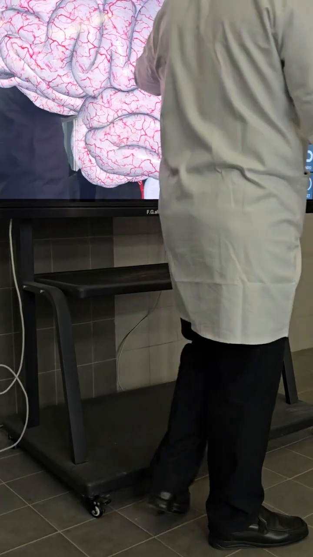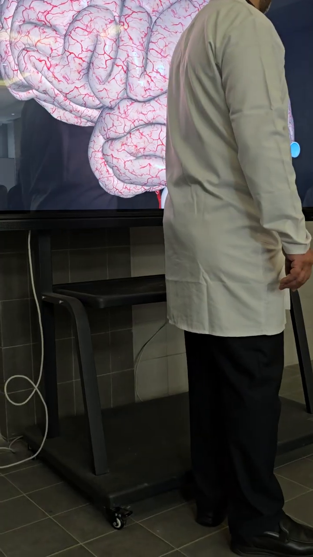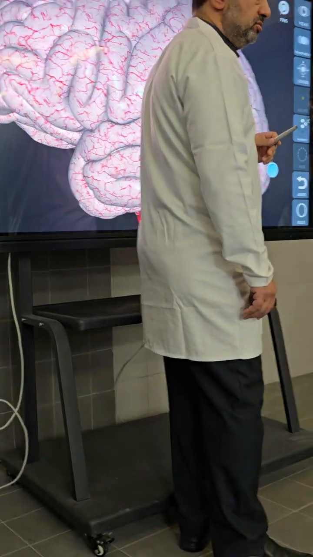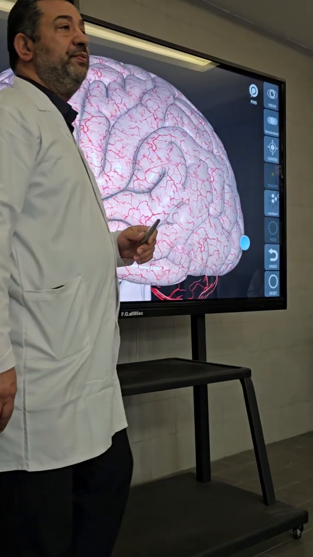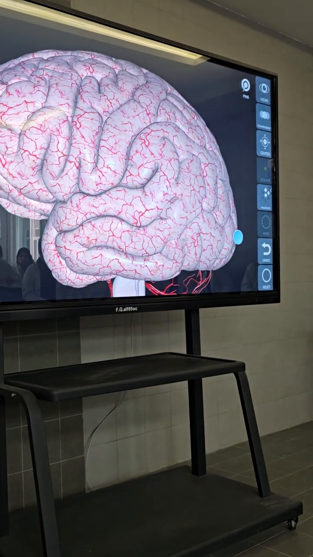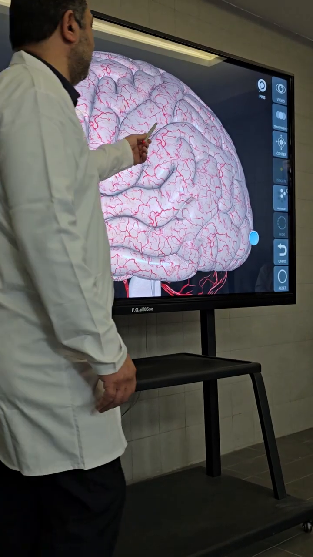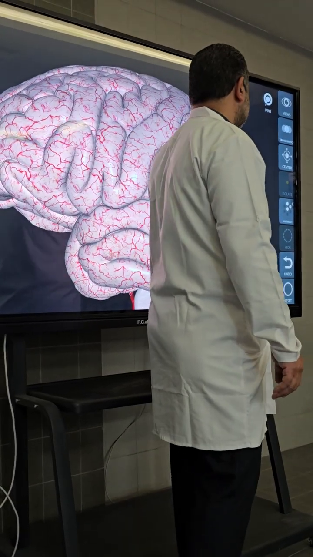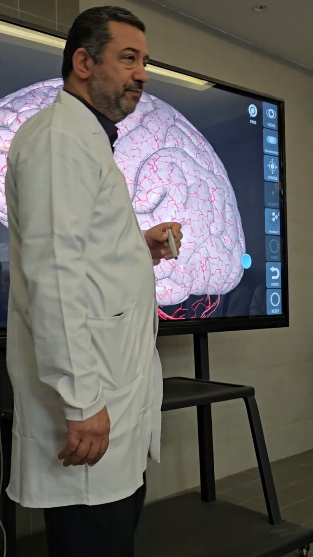Posterior to the postcentral sulcus, there is the intraparietal sulcus. Superior to the intraparietal sulcus, there is the superior parietal lobe, Brodmann's areas number 5 and 7. Inferior to the intraparietal sulcus, there is the inferior parietal lobe.